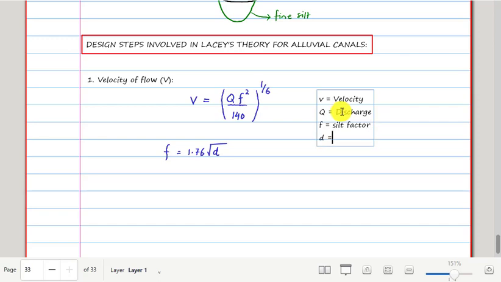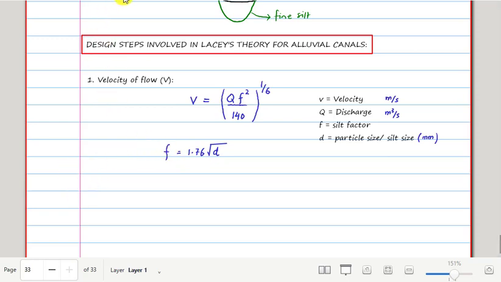And what is d? d is the particle size, or you can say silt size, or you can name it the average diameter of particle size. And what are going to be the units of these variables? Velocity in meter per second, discharge in meter cube per second, silt factor is unitless, and d, particle size or silt size, is in millimeters. So this was our first step.